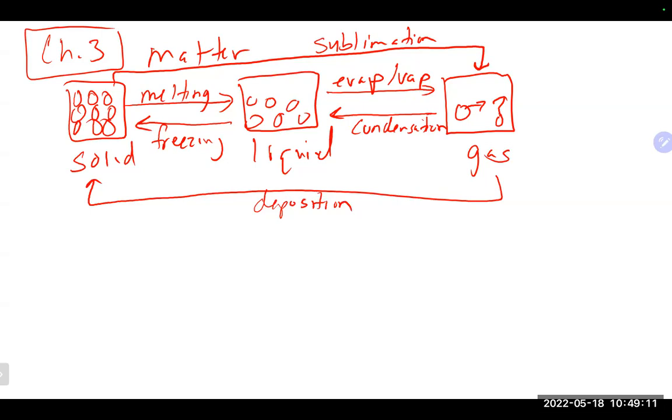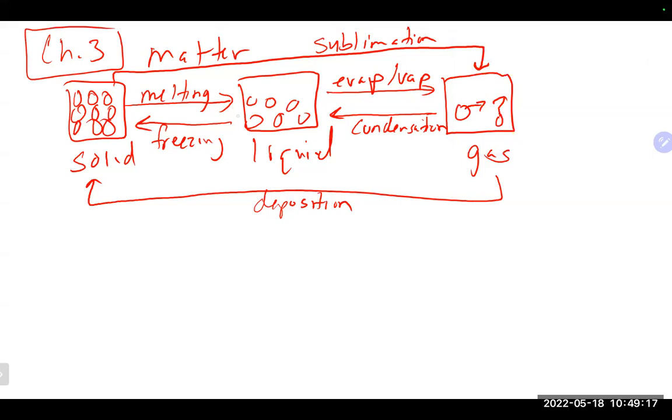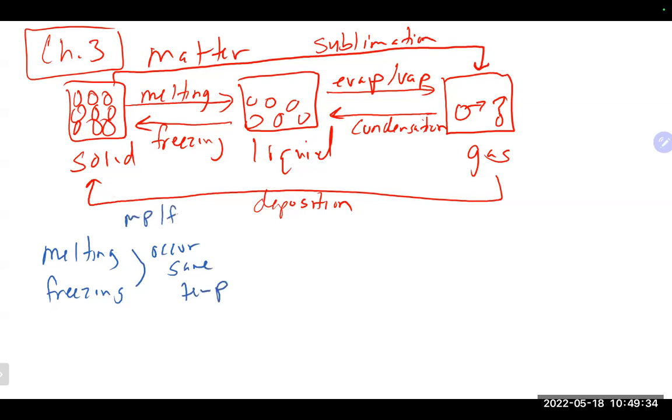We also talked about the idea that these processes really do occur at the same temperature. So our processes of melting and freezing occur at the same temperature. And that's the normal melting point or freezing point of a substance.